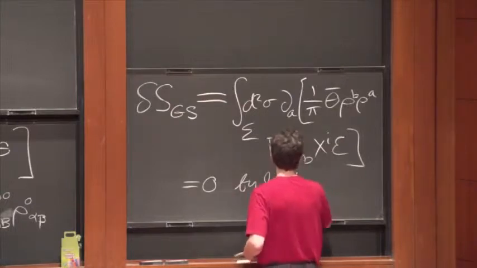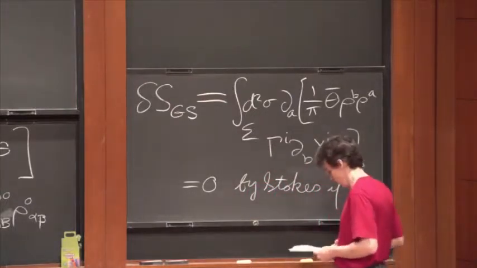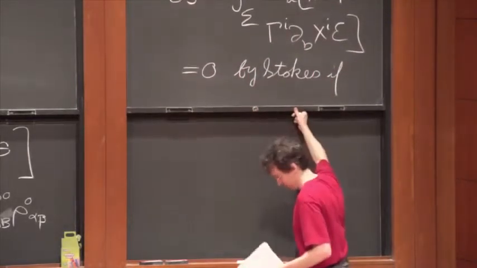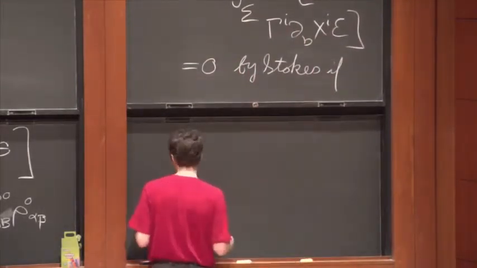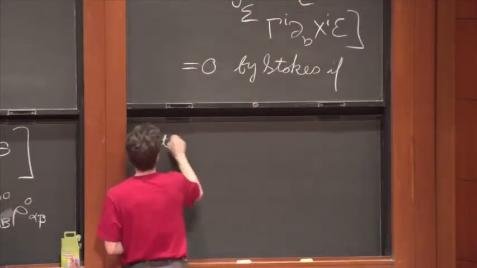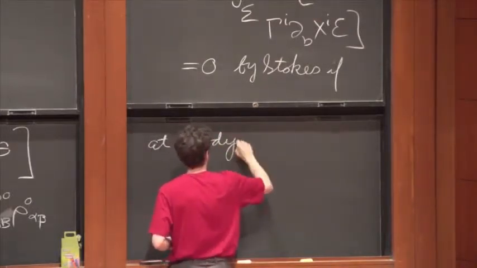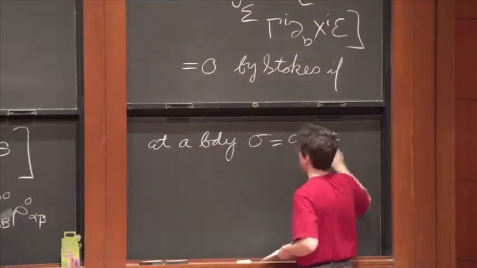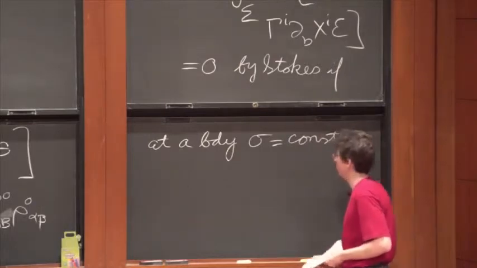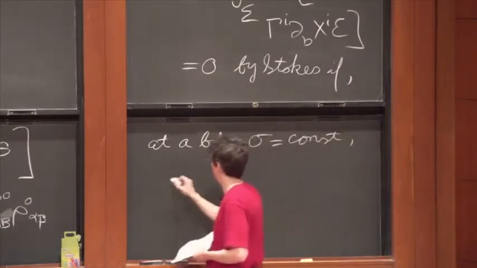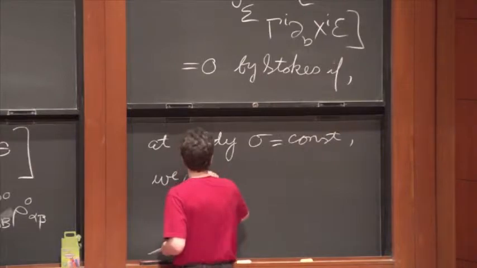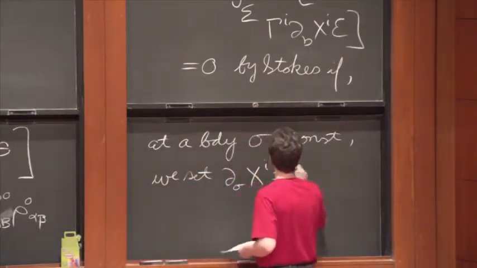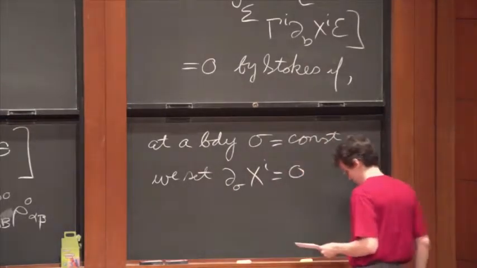by using Stokes' theorem if we get to impose certain conditions at the boundary. So at a boundary where sigma equals constant, we set d_sigma X equals 0, that is to say Neumann boundary conditions.